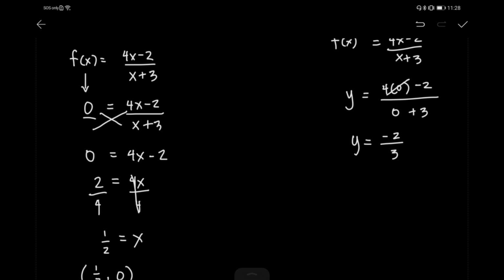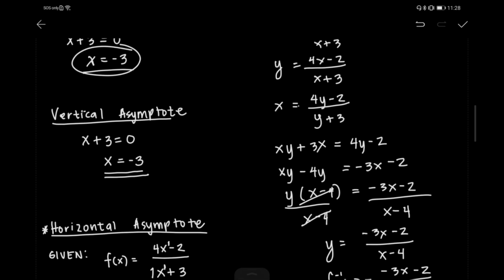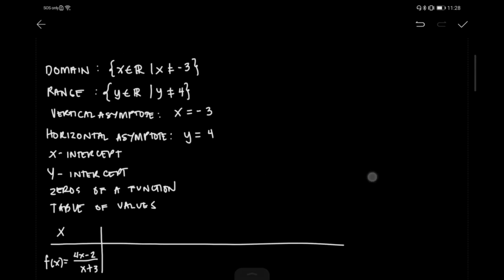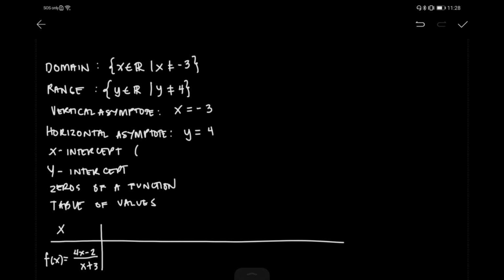So our y here is negative 2/3. Our x is 0 and y is negative 2/3. So the x-intercept is 1/2 and 0, and the y-intercept is 0 and negative 2/3.